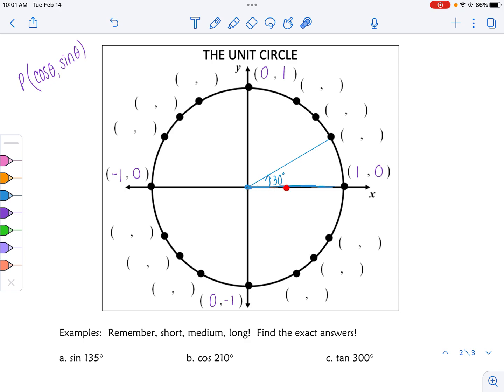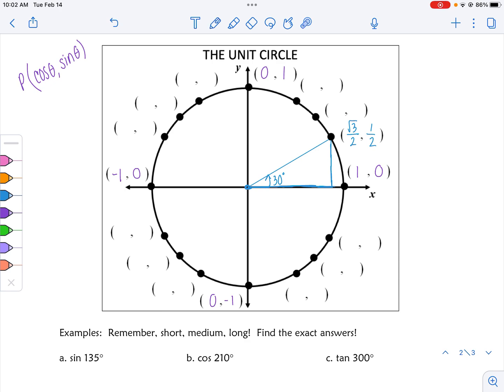It goes to the right longer. If it's the longest, that means the x value is root 3 over 2. That is also directly from our special right triangles. Then our height, notice the height from the x-axis up compared to all 3 is the shortest. Well, the shortest height we know is 1/2.